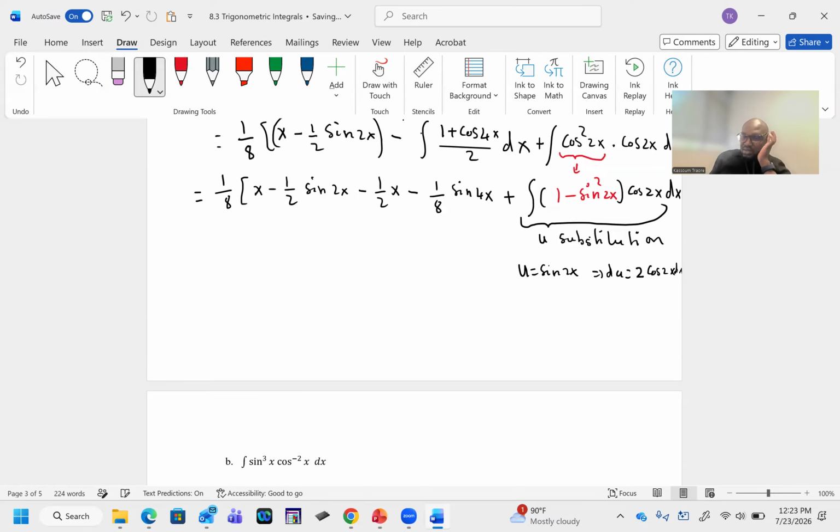There is no 2 here, so we have to use 1/2, right? So basically, our integral will be 1/8.